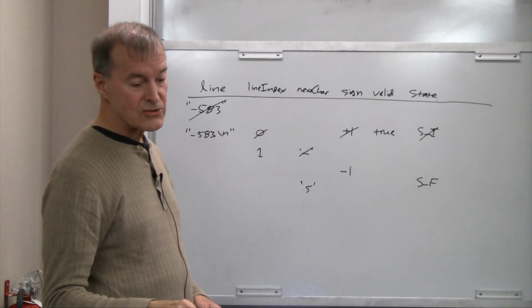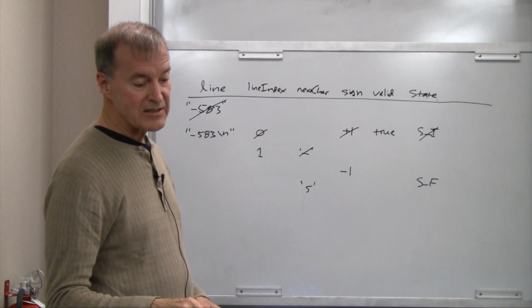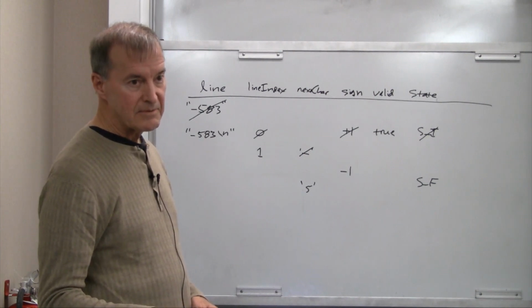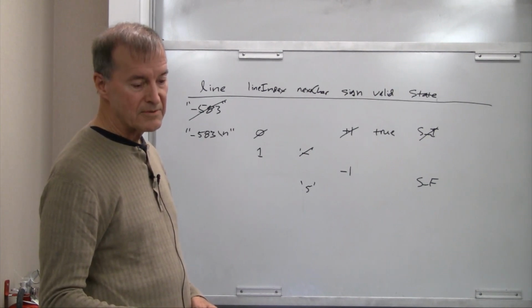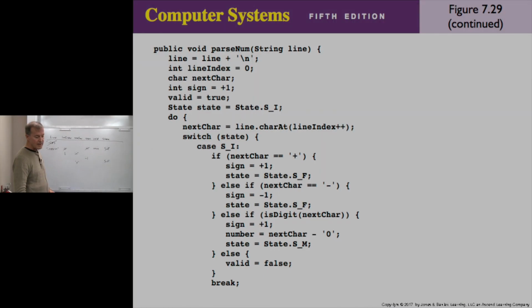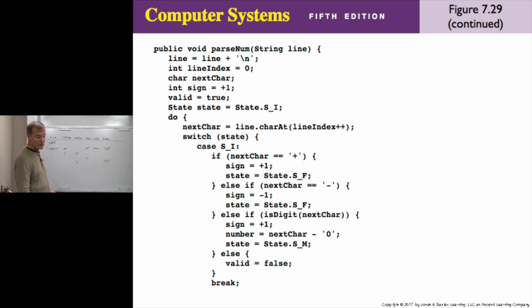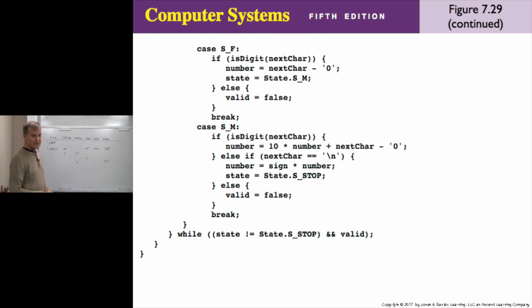And then it's switch state. What's our state now? SF. So do we do SI? No, we go to SF. Are you with me? Now watch this. If is digit next char. Well, is digit.